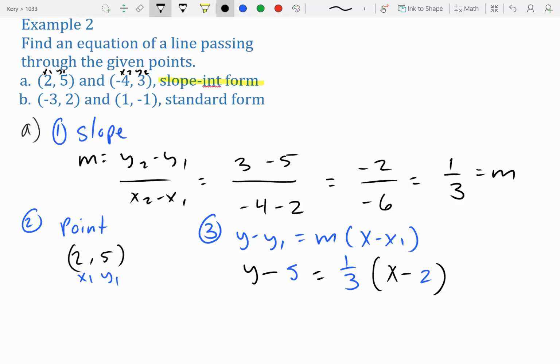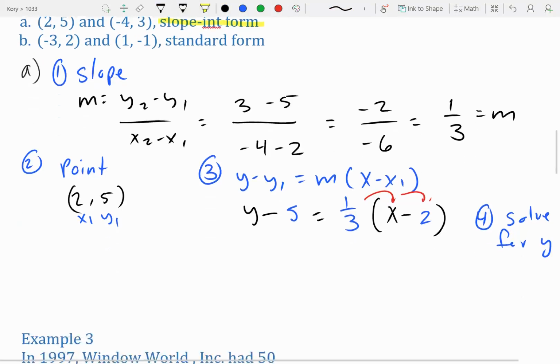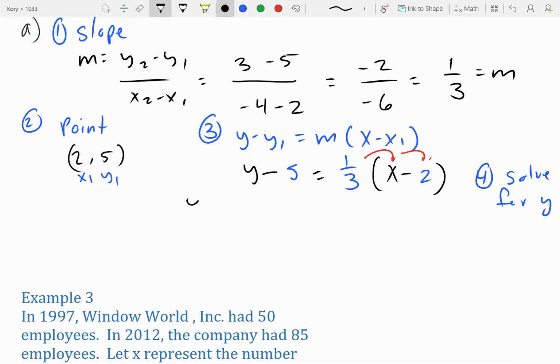And now our fourth step is solve for y. We're going to solve for y to get the solution in slope-intercept form. So we solve for y by distributing our 1/3. So we have y minus 5 equals 1/3 x minus 2 over 3.